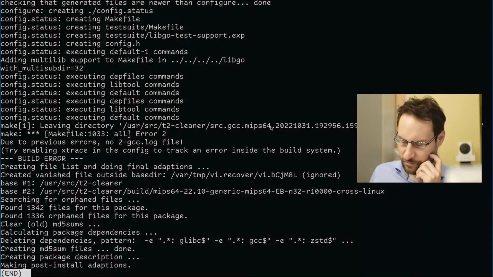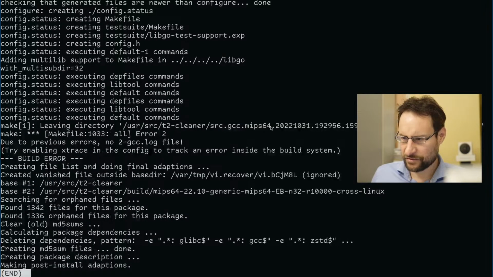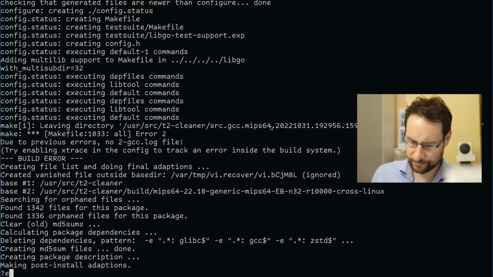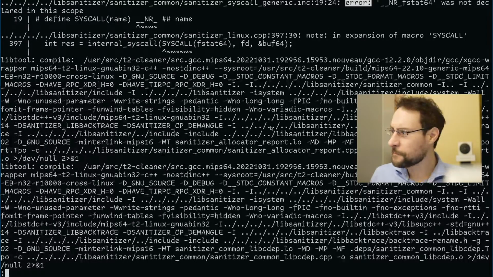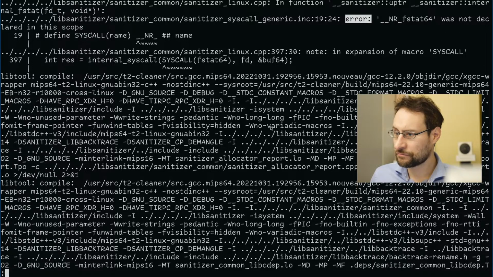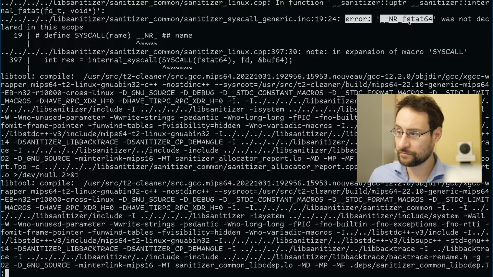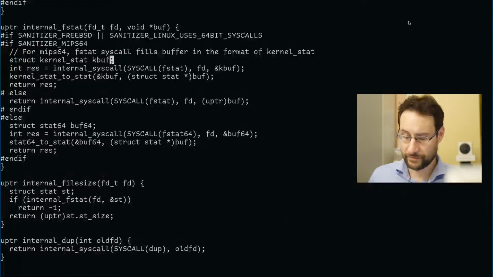The question is, what do we build precisely there? I mean, we would also need to check with the Linux kernel why that's not there anymore. So 397. 397.